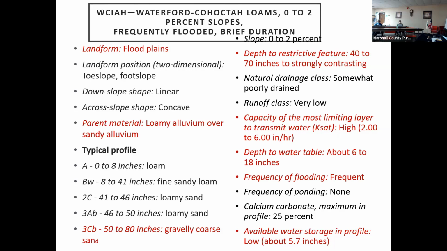Depth to water table is high, 6 to 18 inches, so it would not be a good place to plant anything that's deep rooted. And then the real issue is it has a frequency of flooding. So even if you have something actively growing in that shallow soil layer, it could be killed with flooding in many years. But being this type of a soil structure, it still doesn't have a great water holding capacity.